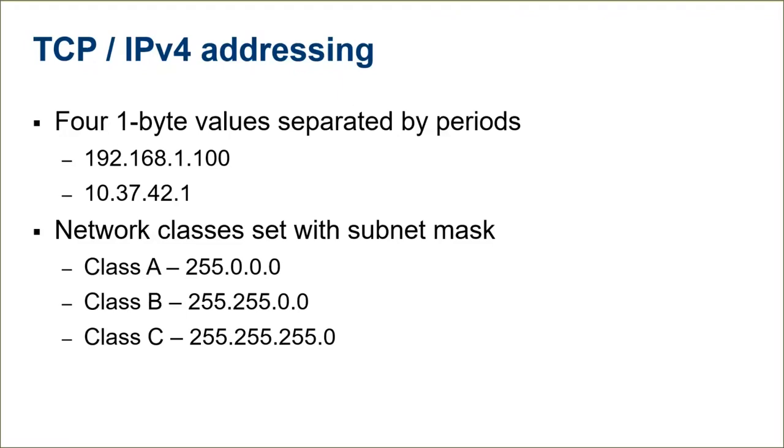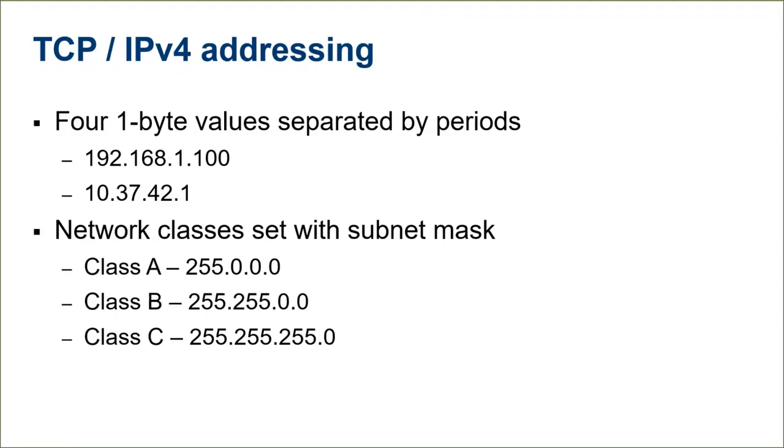A common form of writing an IP address and subnet mask in shorthand is the CIDR notation. Typically, the IP address will be followed by a slash followed by the CIDR number. Our example IP address of 192.168.1.100 with a subnet mask of 255.255.255.0 would be written out as 192.168.1.100/24.